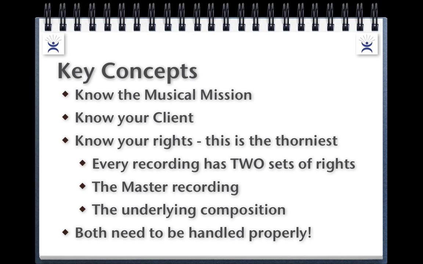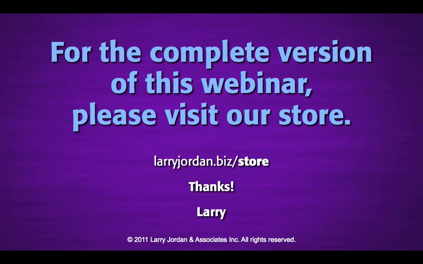There are also two pieces to the puzzle in CD work, but it gets weirder in film and video because synchronization rights come into the picture. And the synchronization rights affect us in two ways. Number one, there is a master recording that has its own set of rights. But there is an underlying composition as well, whether it's an orchestral score or whether it happens to be a song that was written for the movie. Both of these have two sets of rights to deal with. And part of those rights, the master and the composition, are the synchronization rights.